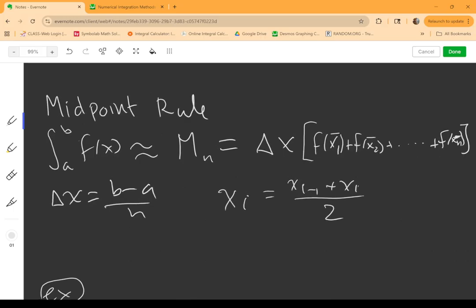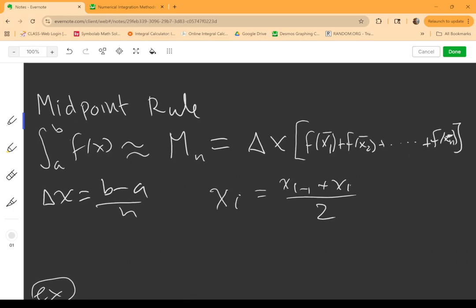So the midpoint rule is this. I want to approximate the definite integral from a to b of f of x, and here's the notation I'll use: M for midpoint, and then sub n. The n references the number of rectangles. So that would be denoted by this calculation: delta x times f of x bar sub 1, plus f of x bar sub 2, etc. Now, what do these all mean?